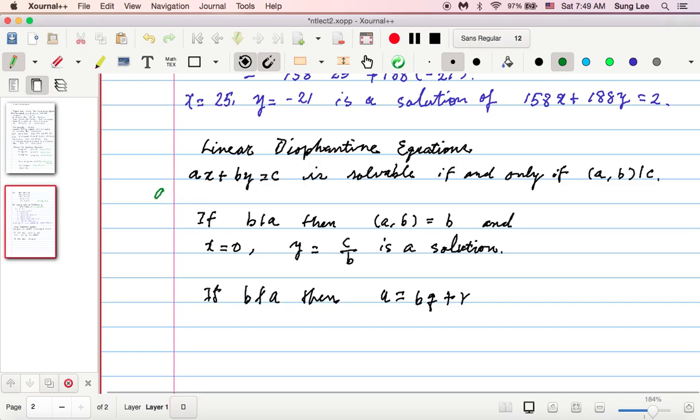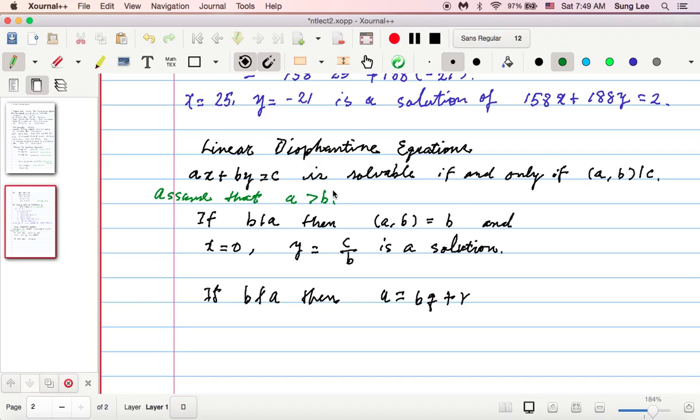So here the assumption is: assume that A is greater than B. If it's the other way around, if B is greater than A, it doesn't matter. All you have to do is swap A and B for the rest of the argument. Not a big deal at all. So, moving on.